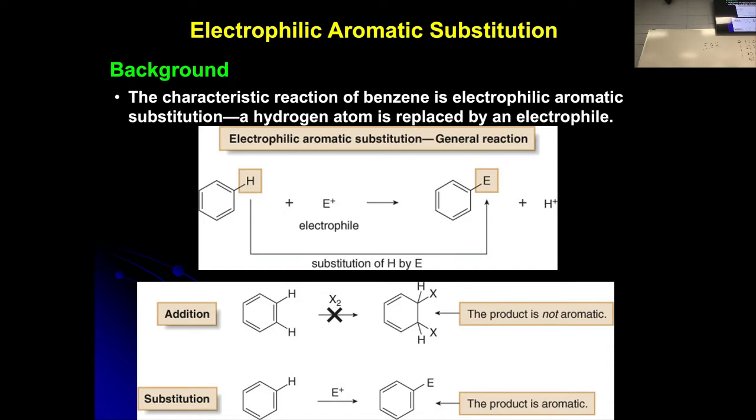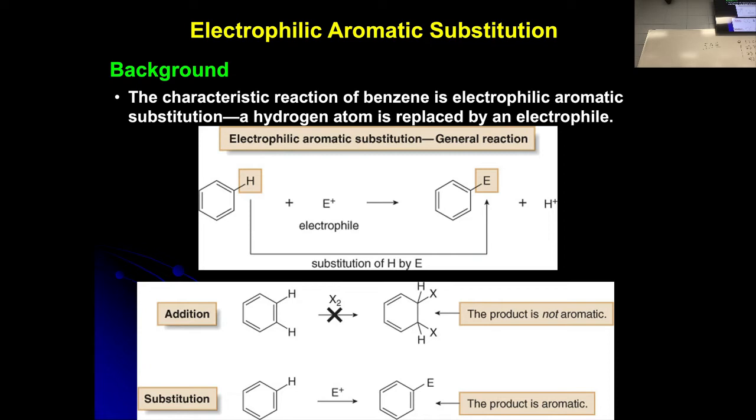However, when we look at substitution, what can we say about the left and the right? Both are aromatic. That's right. I look on the left, and it's cyclic, it's planar, it's completely conjugated, it satisfies Huckel's rule. If I look on the right, that's cyclic, it's planar, it's completely conjugated, and it still satisfies Huckel's rule. So it still remains very stable. So it's all about this aromaticity.